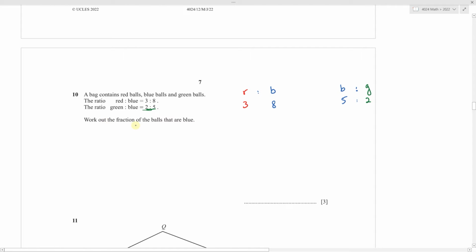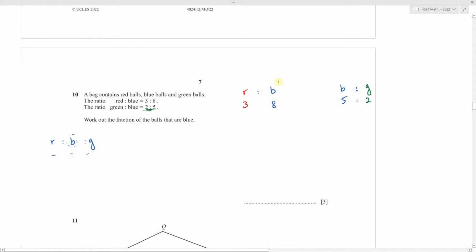So we have to work out the fraction of the balls that are blue. So first we need to find red ratio blue ratio green, whatever these are, and then we can find the fraction that are blue. The total, we can calculate through the ratios: add all the ratios, you get the total, and use the value for blue to calculate the fraction of balls that are blue.